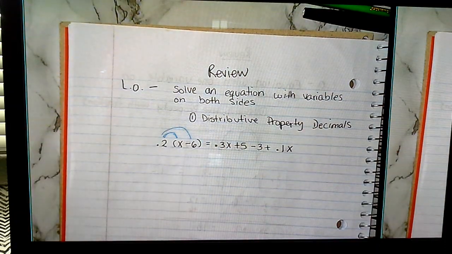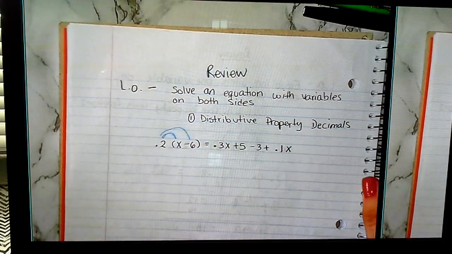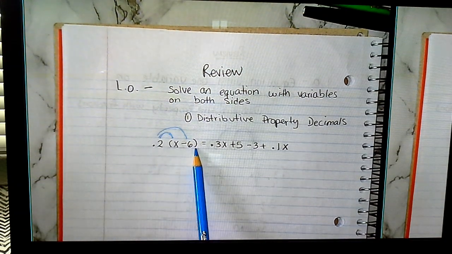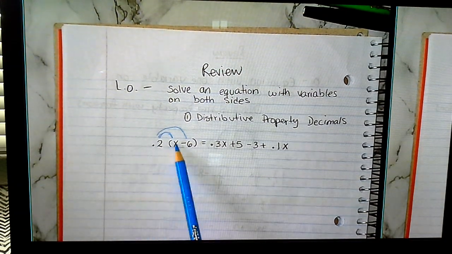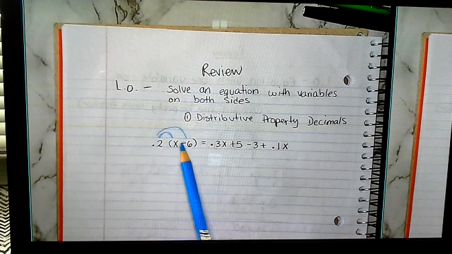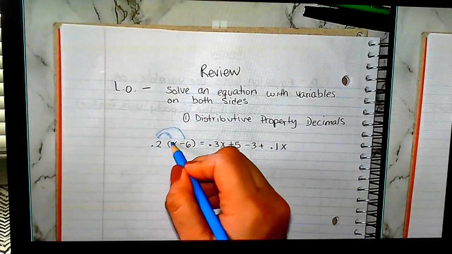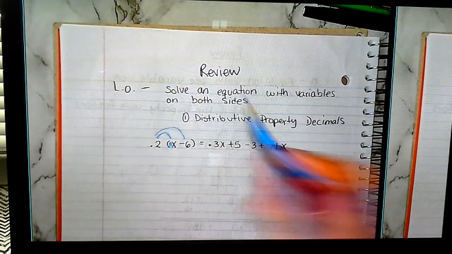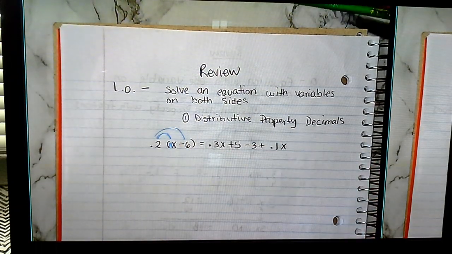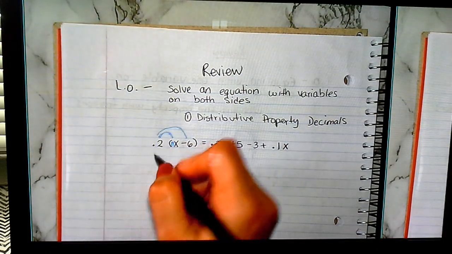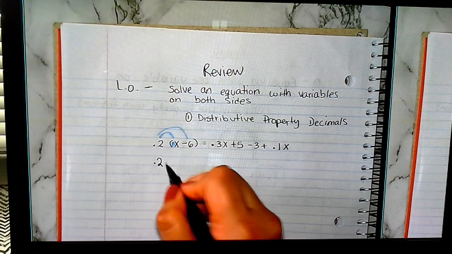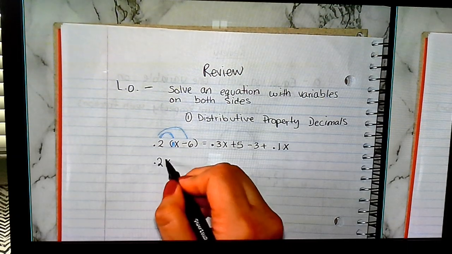I'm going to use decimals to show you how to multiply the 0.2 times negative 6. But here really, if I don't see a number in front of the x, it's that invisible 1. So if I write this down again, I have 0.2 times 1x, or just x.